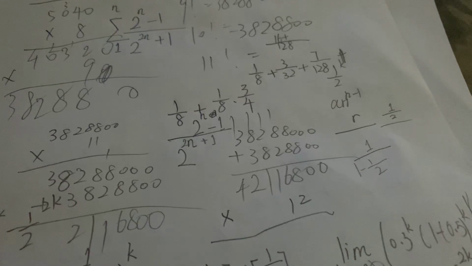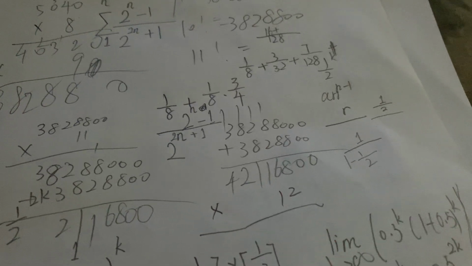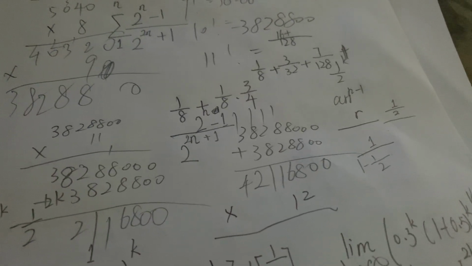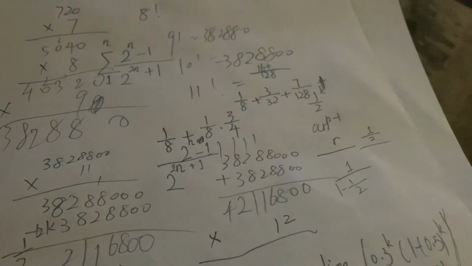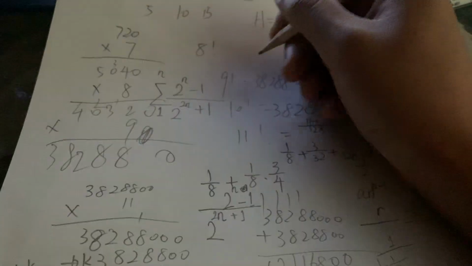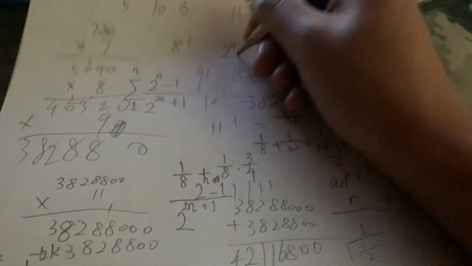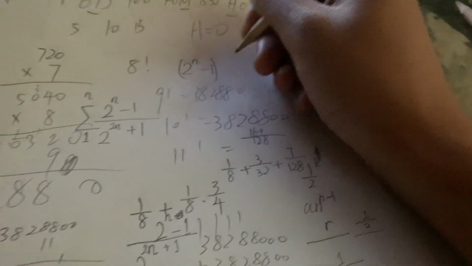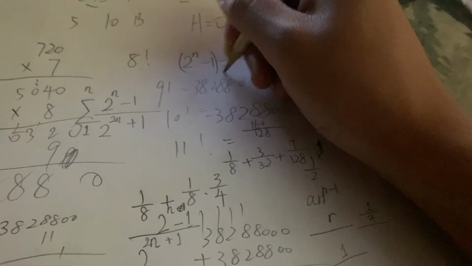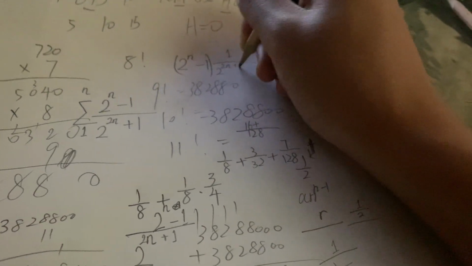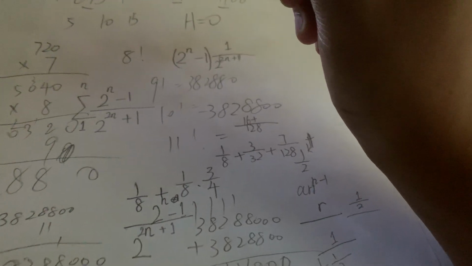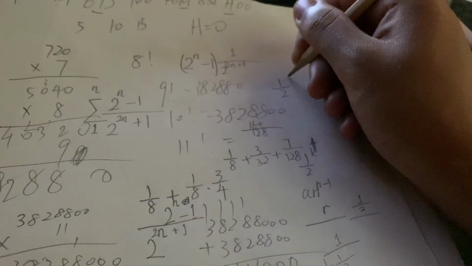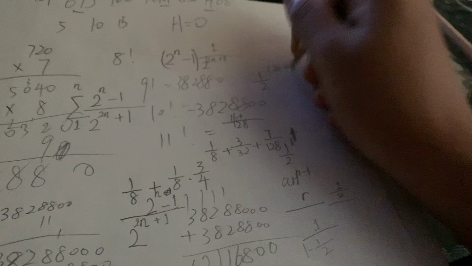But the problem is I can't convert it into a geometric theory. Maybe I can do this. Minus 1. So I want to make it into a geometric form. So we put it in the case of this.